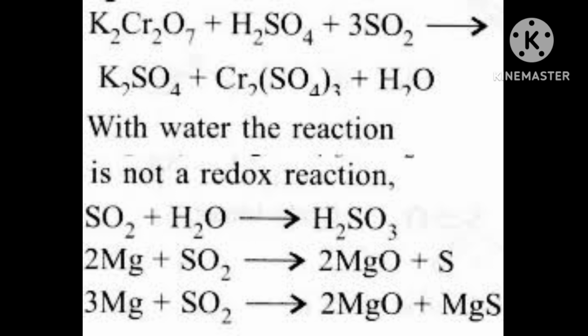Now the third reaction: 5 NO2 minus, nitrite, plus 5 H2O gives 5 NO3 minus, nitrate, plus 10 H plus and 10 electrons. Here all three reactions have electrons on the right hand side.